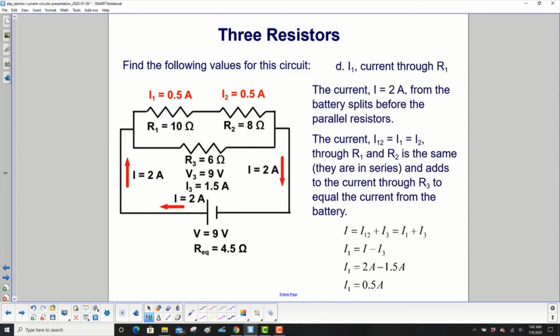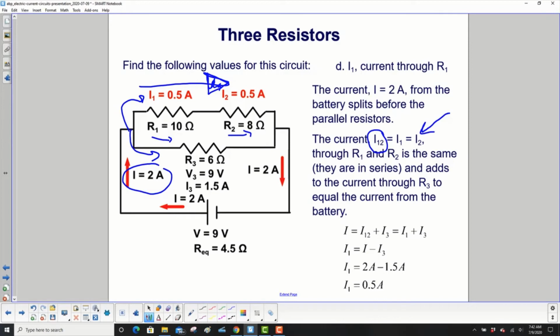The current I equals 2 amps coming from the battery splits over here. We're going to label the current I sub 1,2 as the current going through resistors 1 and 2. Since they're in series, I12 is equal to the current going through R1 and also the current going through R2.